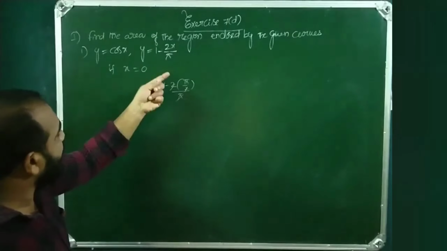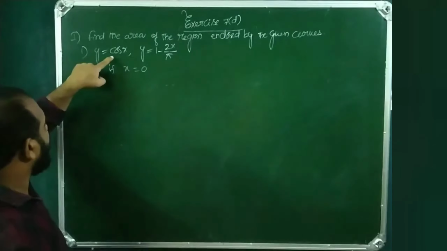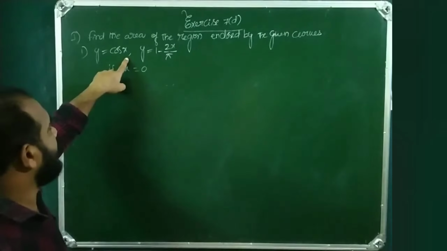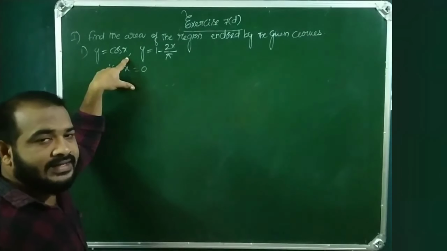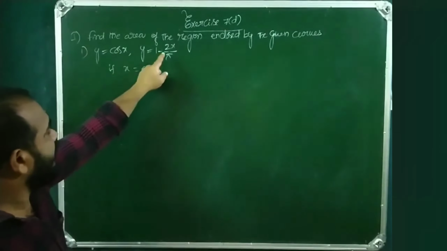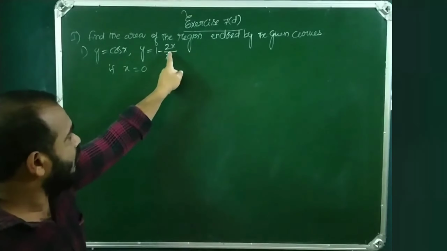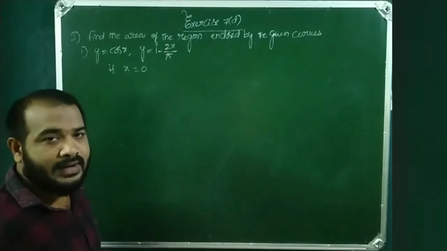One more thing, at pi, cos pi is cos of 90 plus 90, which is minus sin 90, so minus 1. In the line, 1 minus 2 pi by pi, the pi cancels, 1 minus 2 is minus 1.